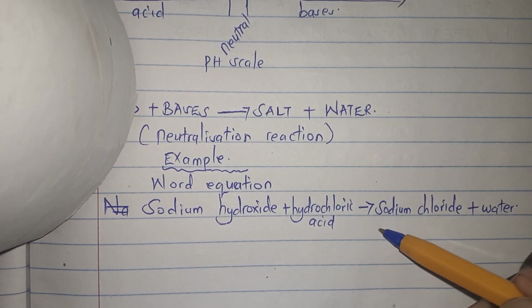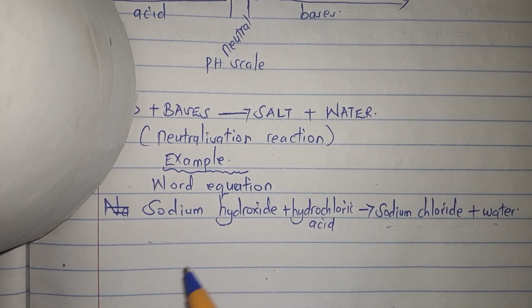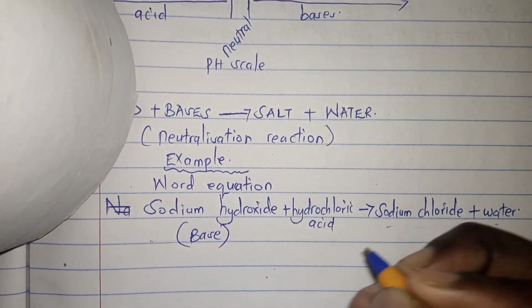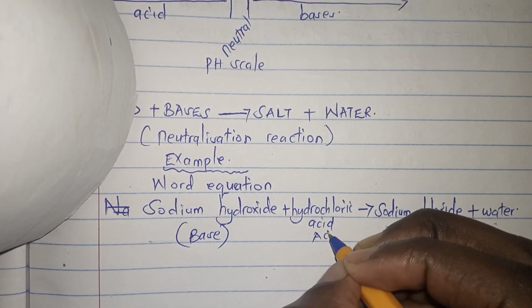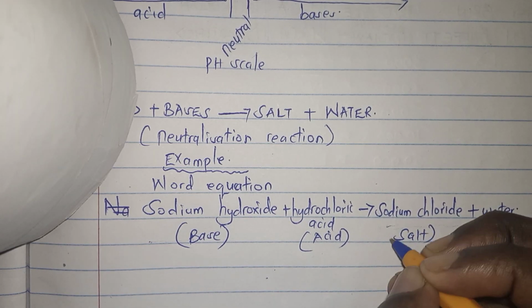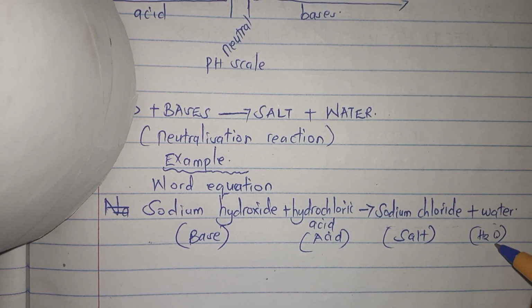So these are my products, and these are my reactants. I am reacting sodium hydroxide, which is a base, plus hydrochloric acid, which is an acid. I am getting a salt, which is sodium chloride, plus water as the only product.